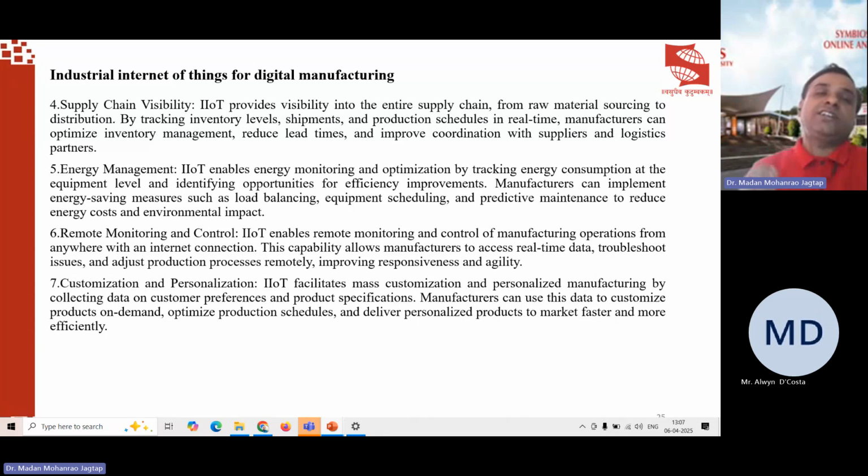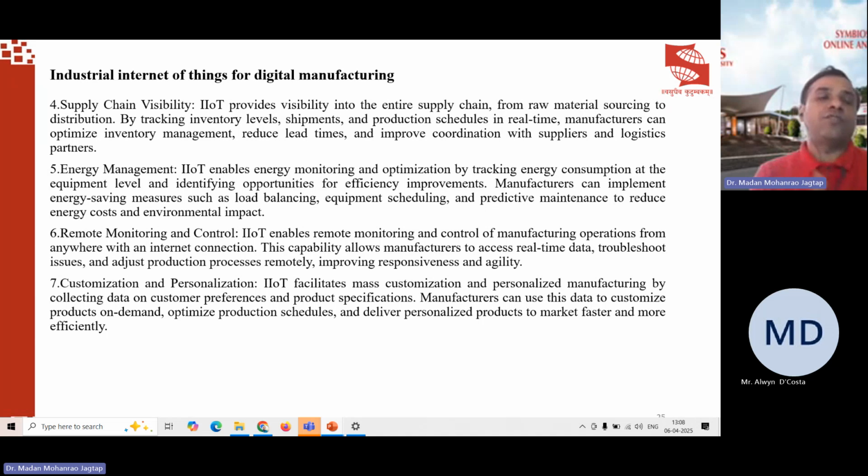So with the industrial Internet of Things, the sensors mounted at different stages give information about the product flow and inventory flow to the different stakeholders, that is the manufacturer, the supplier, and the customer. By that we can optimize our supply chain, we can visualize the stages through which this product is going.